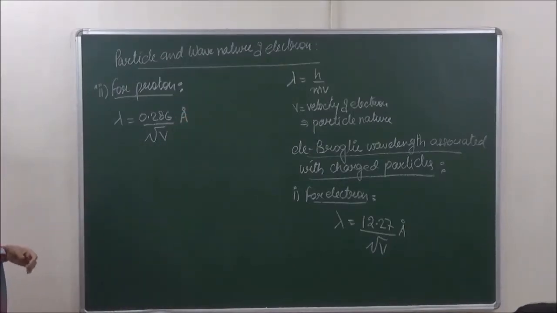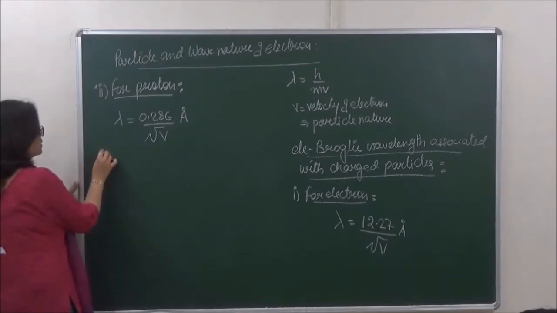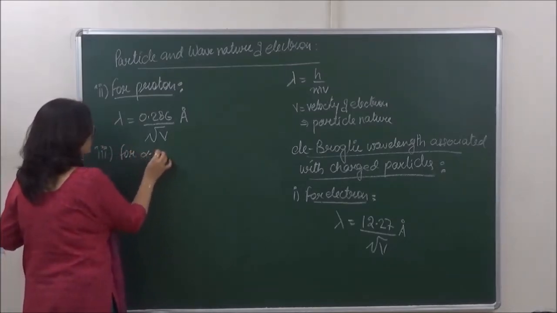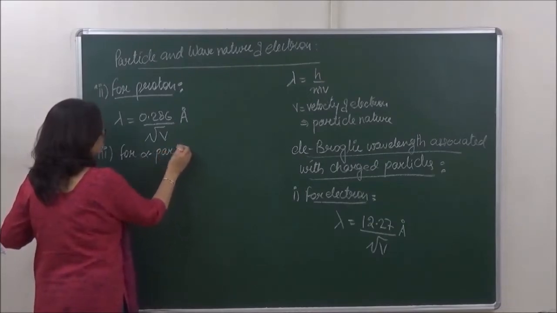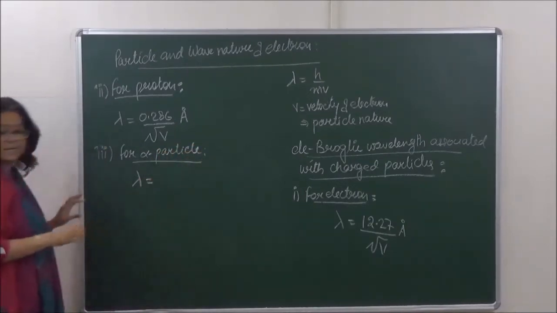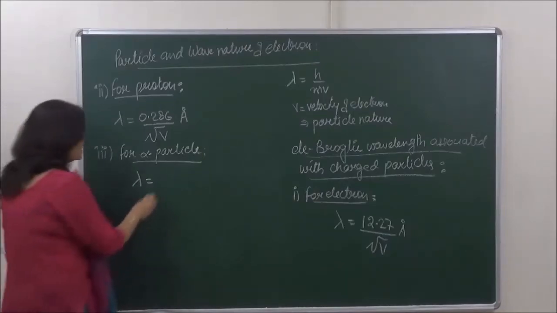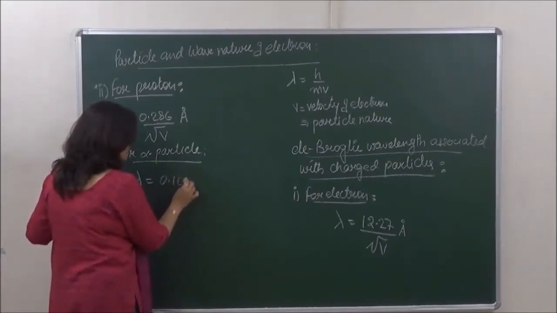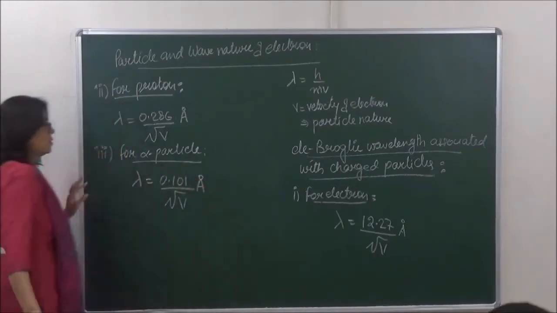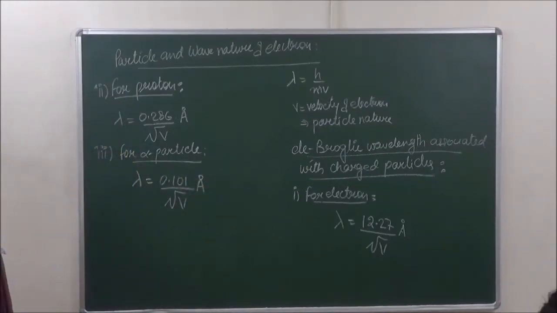Right? And then if we are calculating for alpha particle, lambda is equal to 0.101 upon under root of V Armstrong. Okay, so remember what is V? V is the accelerating potential of each of the particles.